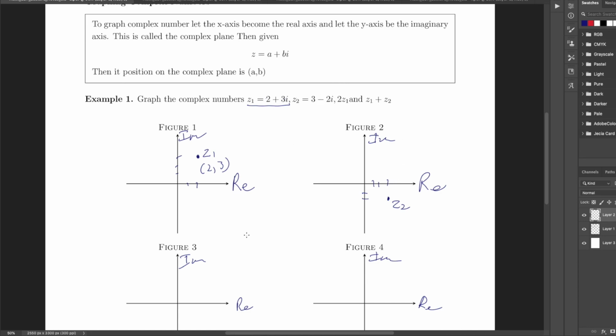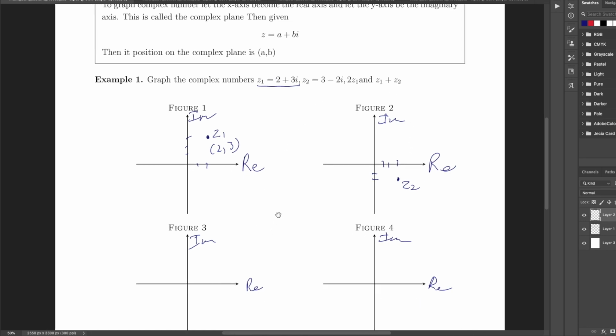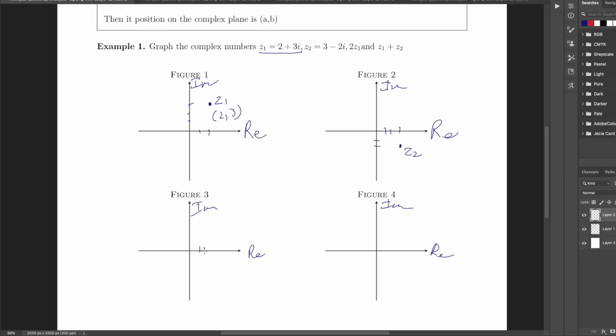If we want to graph 2 times z1, we go over 4 and then up 6. It's actually just twice the distance, so if we graph z1 here, 2 times that would be twice the distance.